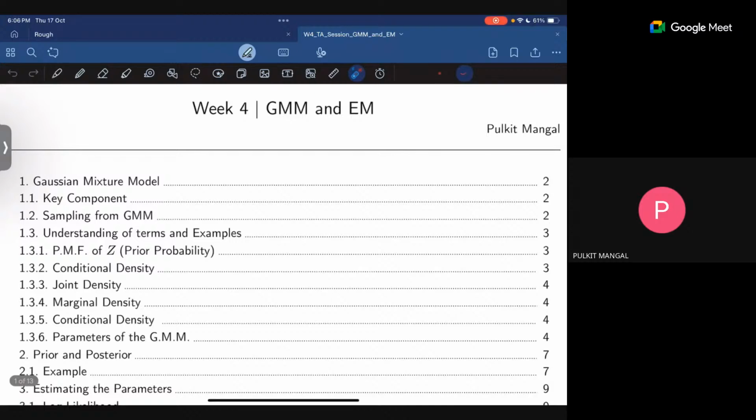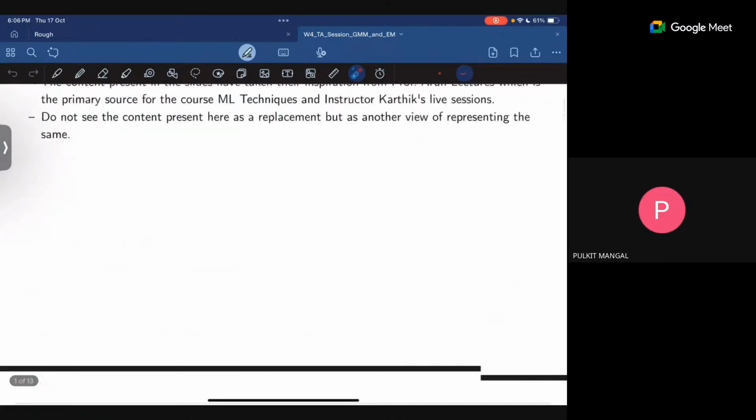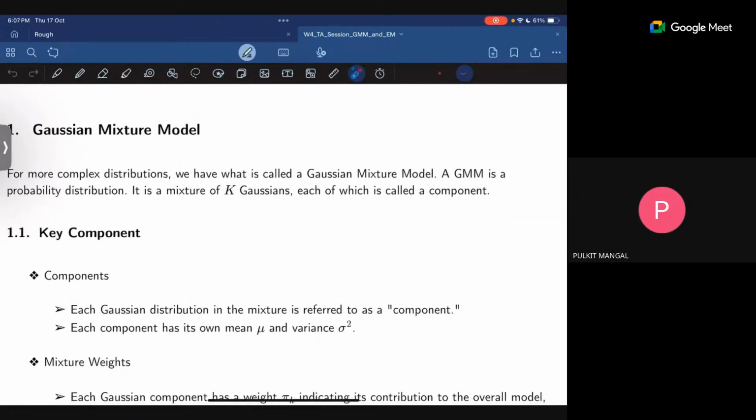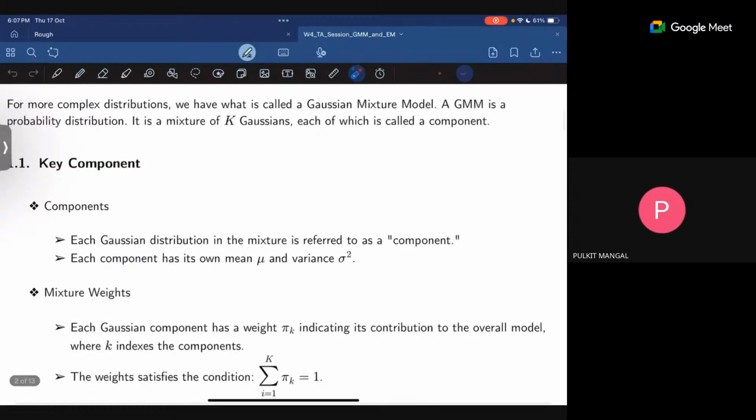Okay, so let's start the session now. The key component about the Gaussian mixture model is, first of all, the Gaussian distributions, that we will have some k Gaussian distributions.